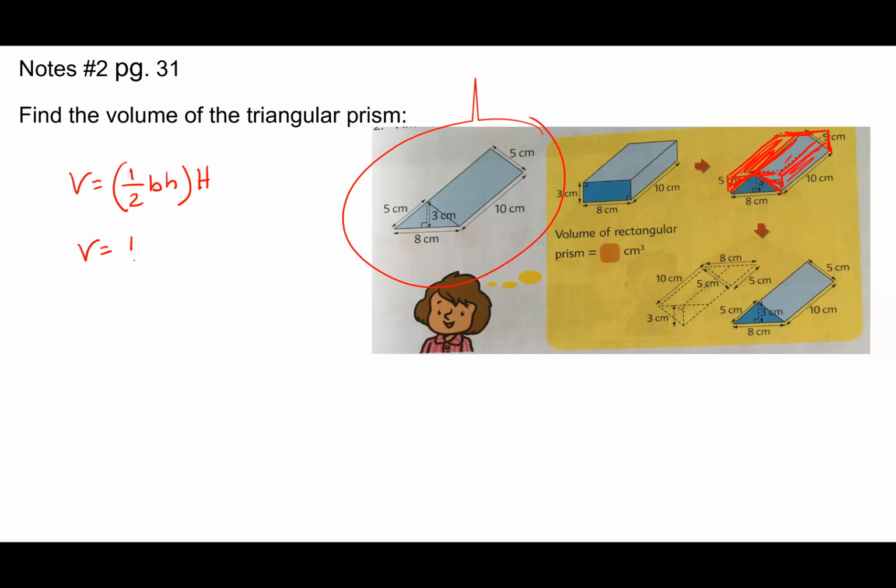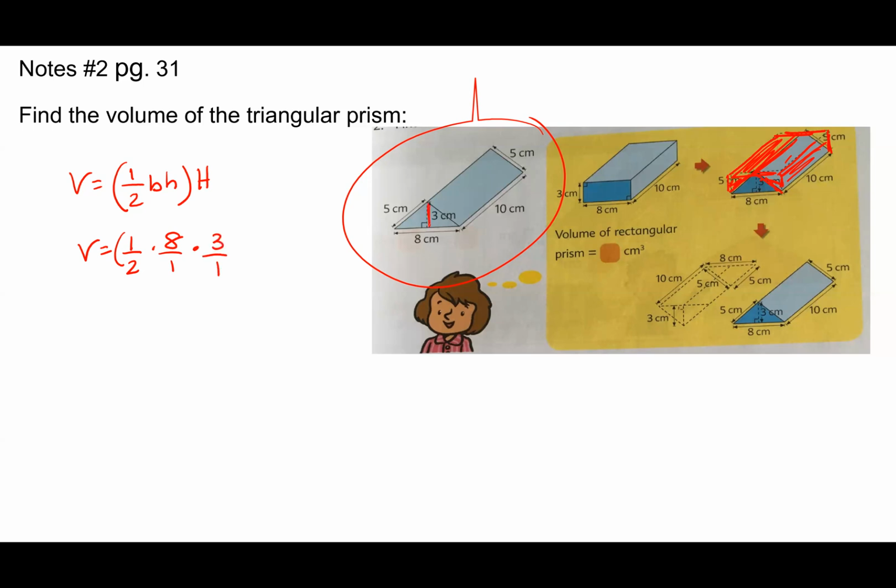We've got 1/2. What's my base and my height for this particular picture that you have in front of you? This is on page 31 at the top, if you can't see the numbers well in your notes. So what's my base? Ainsley? Yeah. What's my height of the triangle? Alex? Yes, thank you.